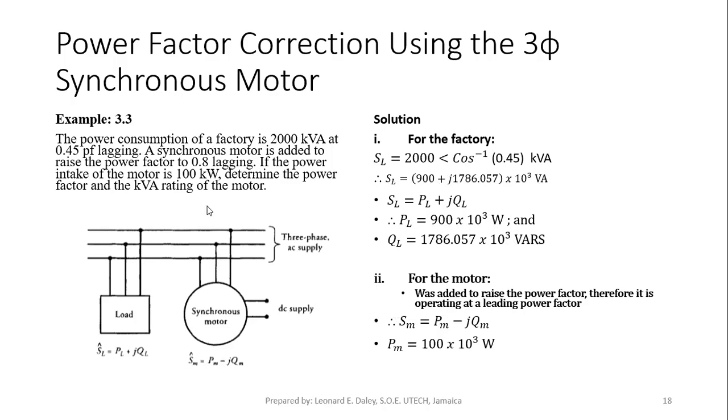Now, since the motor is added to raise the power factor, we know that the motor will be operating at a leading power factor. And for a leading power factor, SM is equal to PM minus jQM. PM was given as 100 kilowatts.